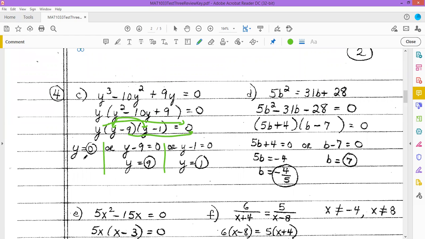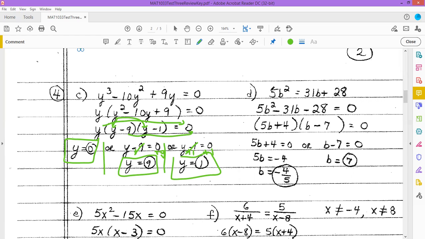So we already have our first solution, it's 0. Or when we solve the second equation, we're going to add 9 to both sides, and we'll get y equals 9. Or that last equation, we're going to add 1, and we'll get y equals 1. So these are our 3 solutions: 0, or 9, or 1.